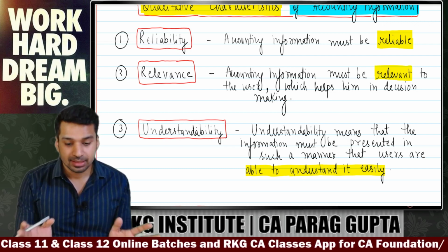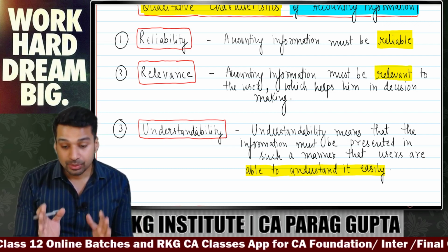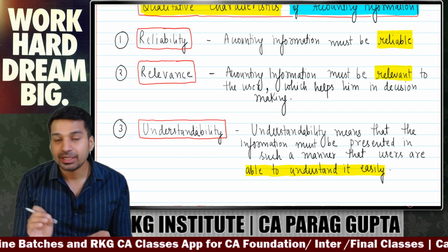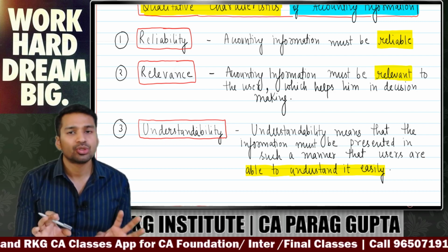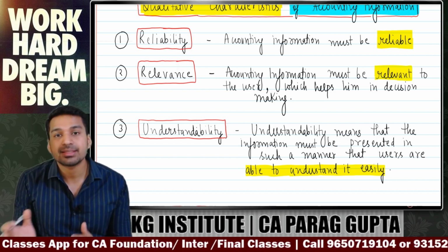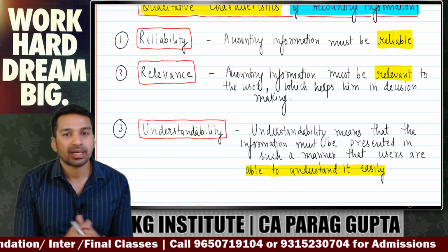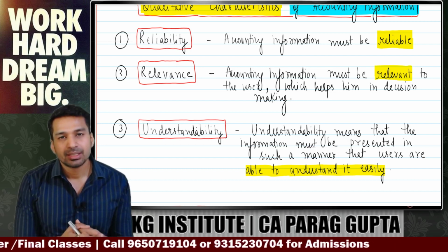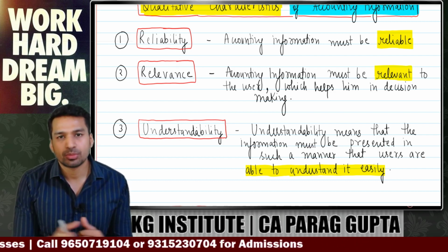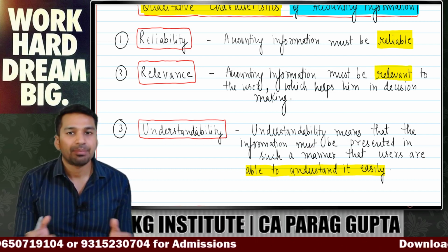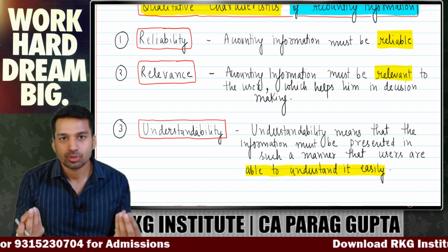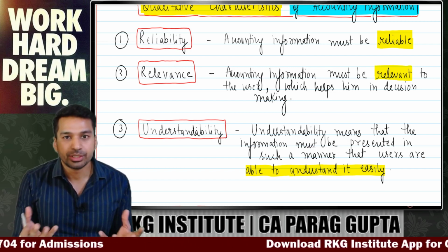Second is relevance. Relevance means the accounting information must be relevant to the user, that is there should not be any unnecessary information. For example, if I ask you what is your name and you tell me, sir, my name is Suraj Kumar and today I ate an apple in the breakfast. So have I asked you what did you eat?